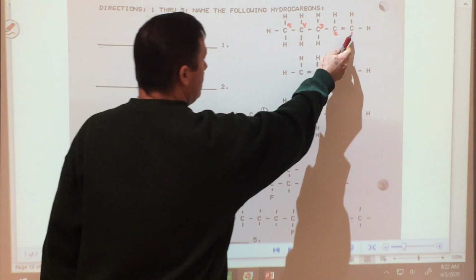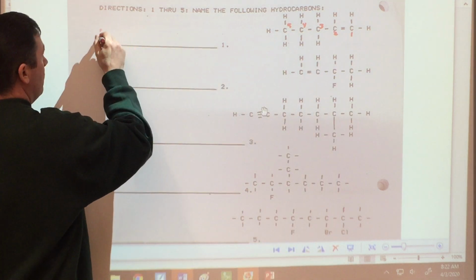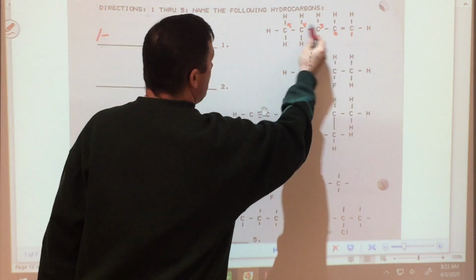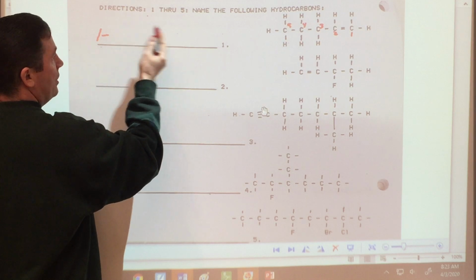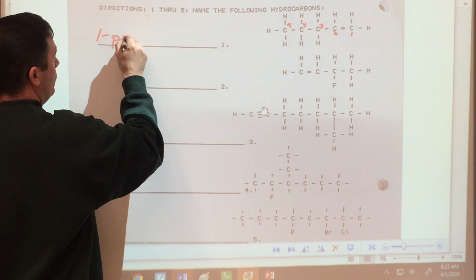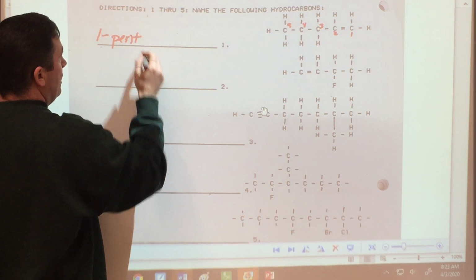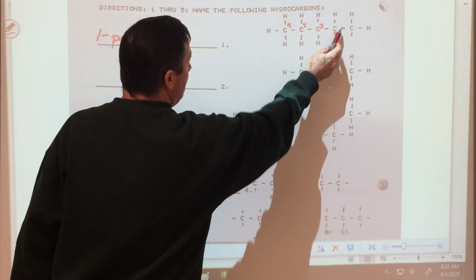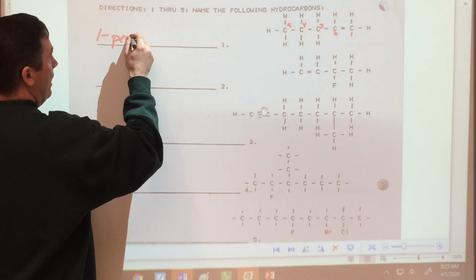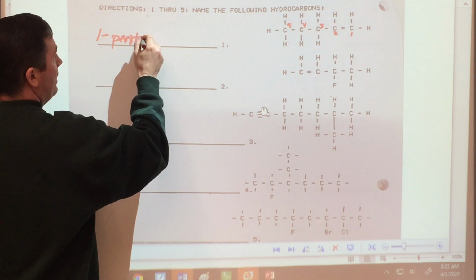So this one is essentially called 1. How many carbons are there? 5. So that's pent. So that's 1 pent. And is this a double or a triple bond? It's a double bond, so that makes this 1-pentene.